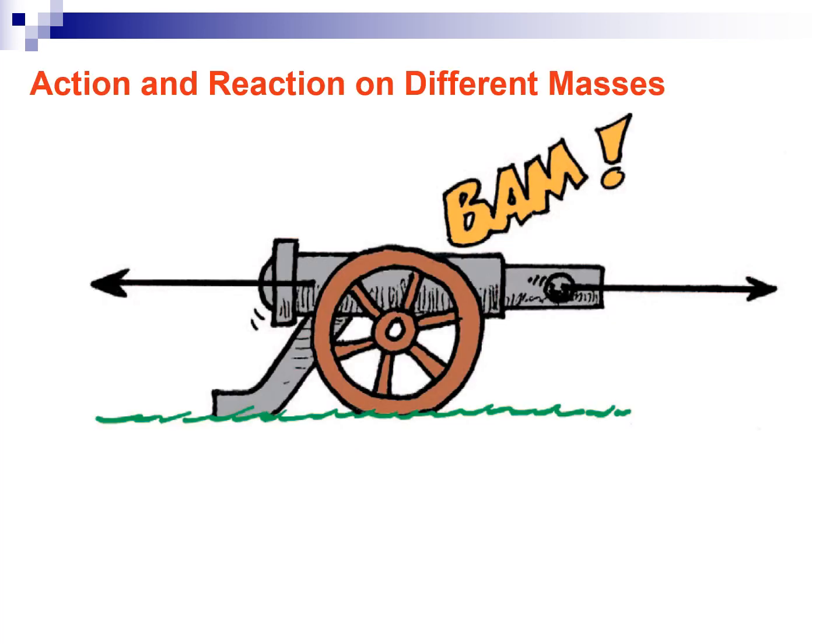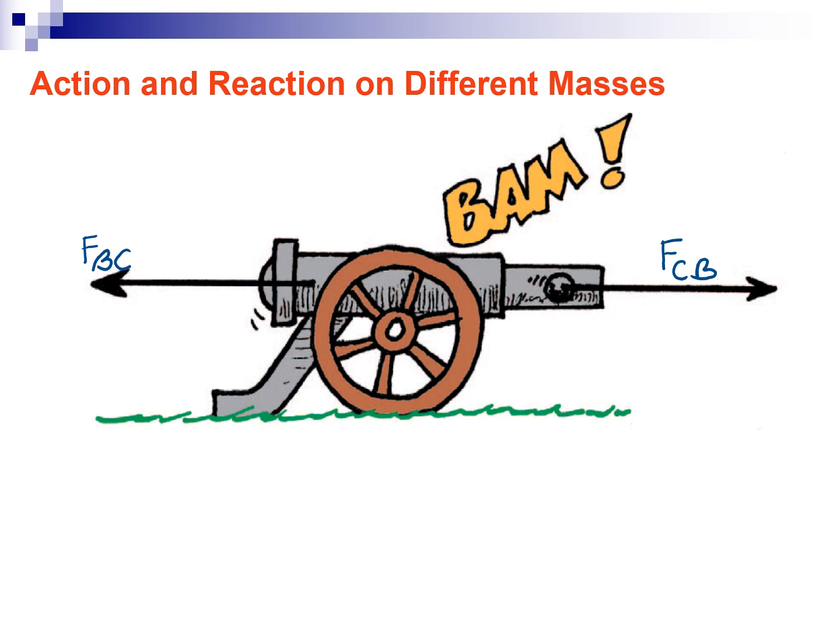Check this out. A cannon fires a cannonball. We have a pair of action and reaction forces. The action, cannon pushes ball, FCB, and the reaction, ball pushes cannon. These forces are equal in magnitude and opposite in direction.